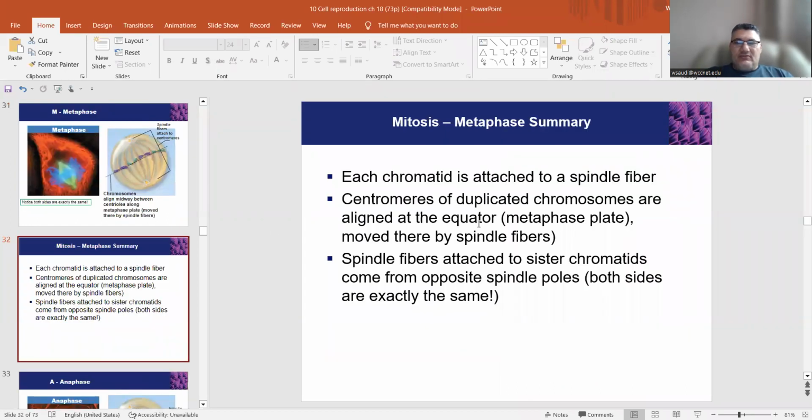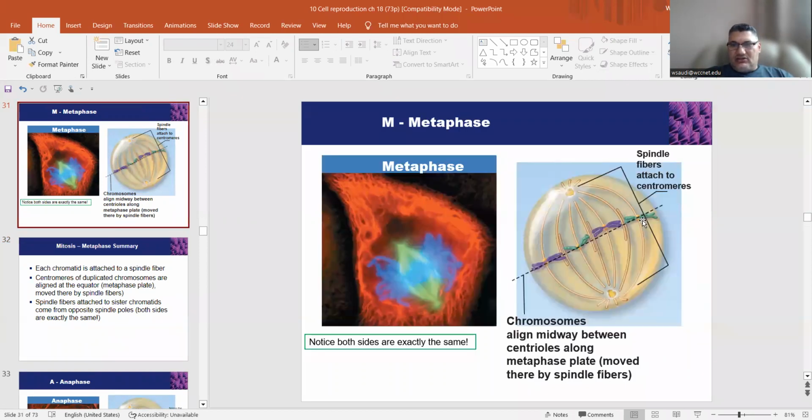So here it is. You arrange in the middle line, like you make a straight line like this. And the two sister chromatids are, as you see here, one attached to this side and the other attached to the other side. Attached from what? From the centromere. So these spindles, the microtubules, attach to the chromosomes.